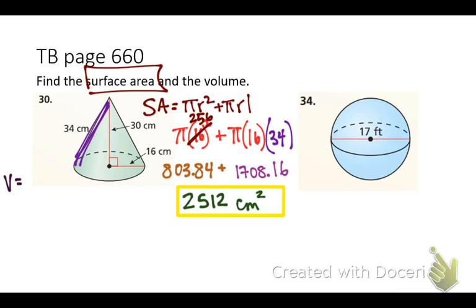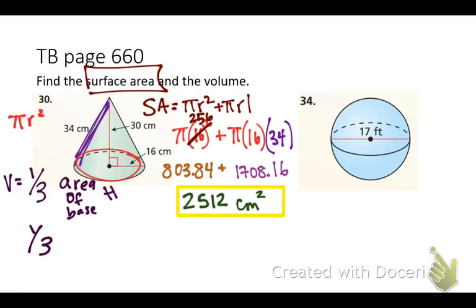To find the volume, what is the volume formula for any cone? Yeah, 1/3 times the area of the base times the height. So if we go to find the area of the base, what shape is the base? A circle. So what we would do is pi r squared. What's the radius? 16.